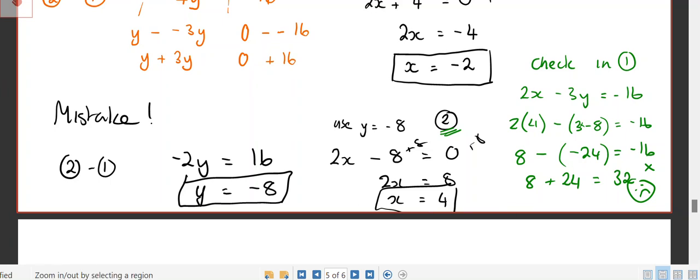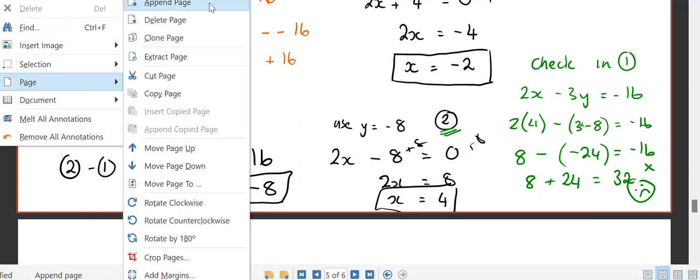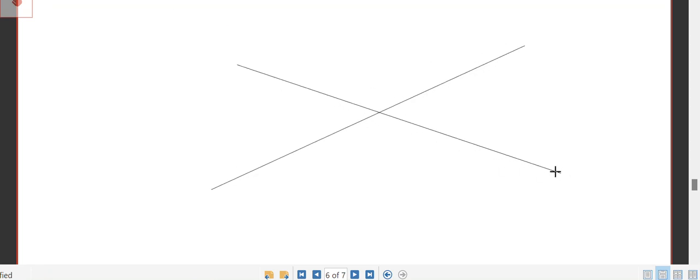Now, if I just show you, visualize, just so you're aware of what that means. If I've got two lines that cross like this, I'm looking for this point here, yeah? Now, what I found was that 4 and negative 8 work. So let's say this is number 1 and this is number 2. Let's say this point here is 4, negative 8.